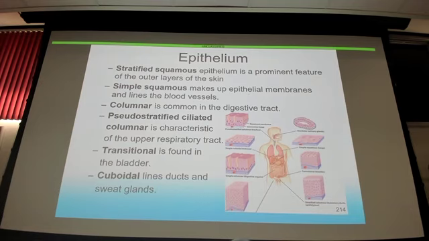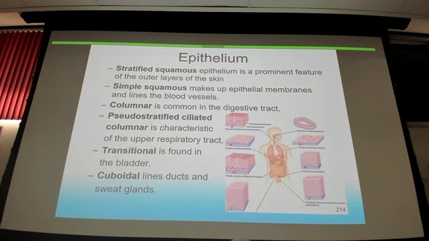If you have a stratified squamous tissue in an area that's not keratinized like your skin, it's still alive, and that tissue is still tougher. Areas in the body that go through more friction or abrasion, even inside, you would have that stratified squamous. It wouldn't be dead. When you see simple squamous, those are the softer areas. And then columnar is going to be your digestive tract. That's why there are so many goblet cells and mucus.